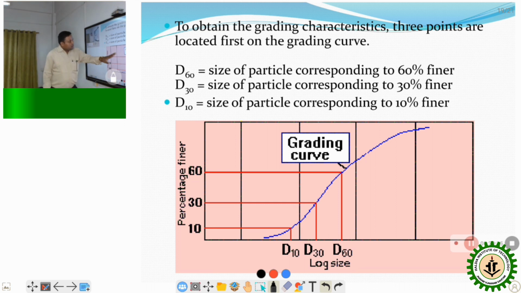That means from this grading curve, we will draw a horizontal line from 10% finer on the y-axis. Where this line touches the curve, from that point we draw the vertical line. So at the x-axis the diameter that we get is your D10. Similarly, we get D30 and D60. These are the sizes or diameters of particles corresponding to 10% finer, 30% finer and 60% finer.